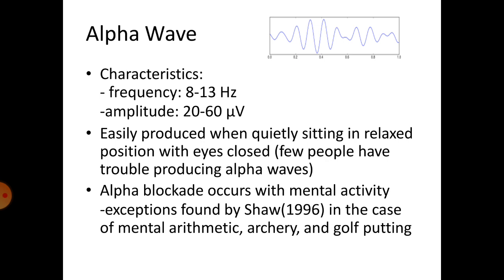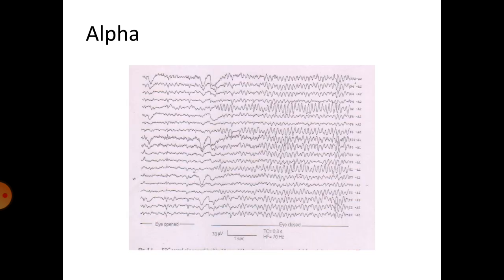Alpha blockade occurs with mental activity, for example in the case of mental arithmetic and goal setting. This is the waveform of the alpha wave.